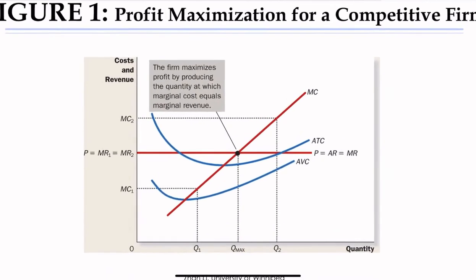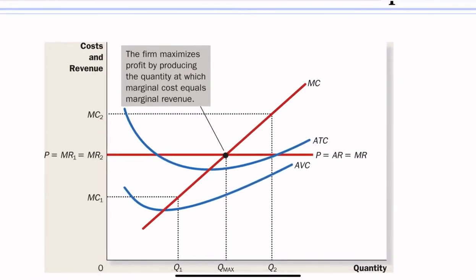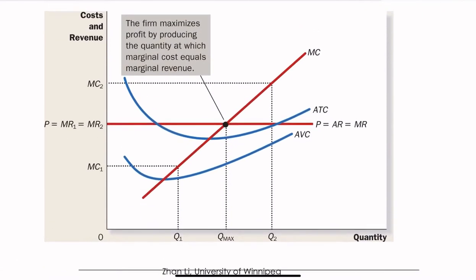Well, if you recall the cost curves we have learned from the last chapter, now you will see that if marginal revenue is larger than marginal cost, for example, let's say the firm's quantity is Q1. Now, what is the marginal revenue here? Well, this is the marginal revenue.